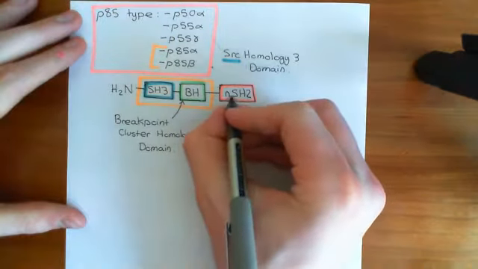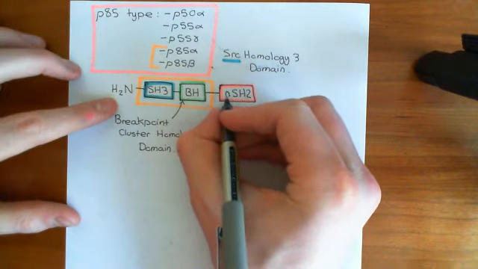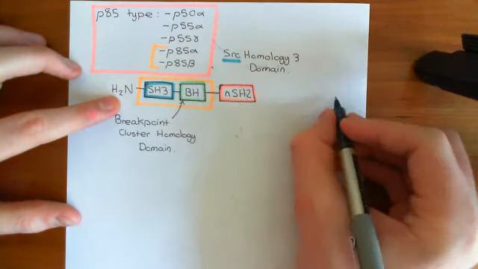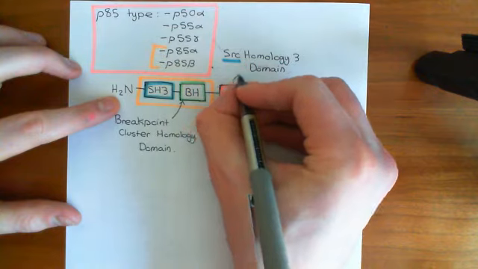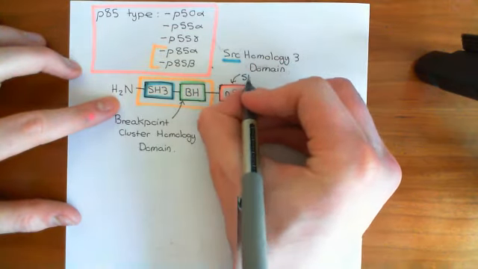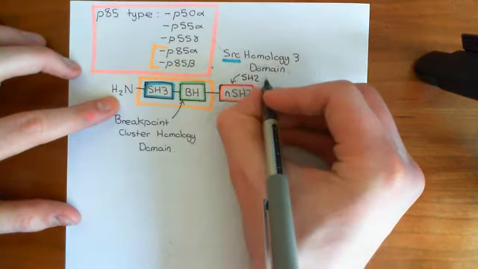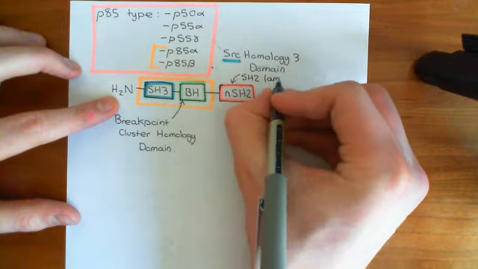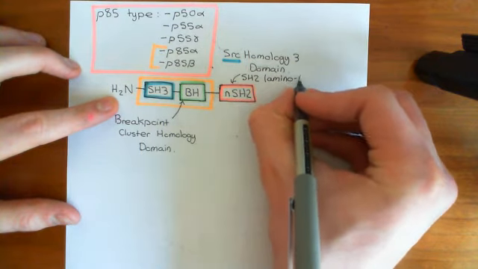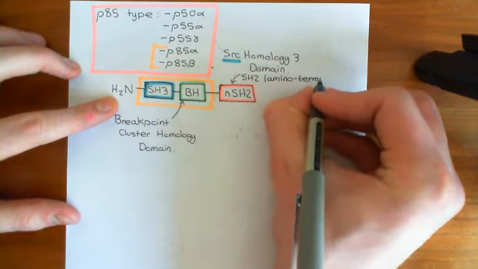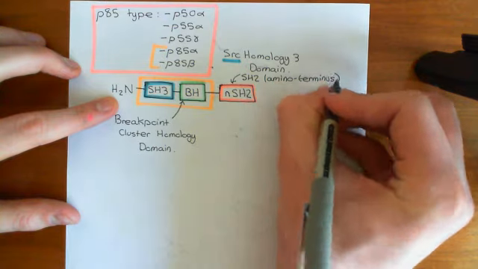This is the N-SH2 domain, because we're going to have another one which will be closer to the C terminus. So this is the SH2 domain, the Src homology 2 domain, which is closer to the amino terminus of the protein, relative to the other one, which we'll come across later.